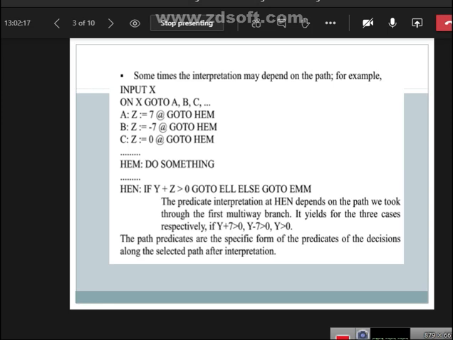This is one example related to path interpretation, and in this path interpretation we have also learned how we are going to choose the multi-way branch.